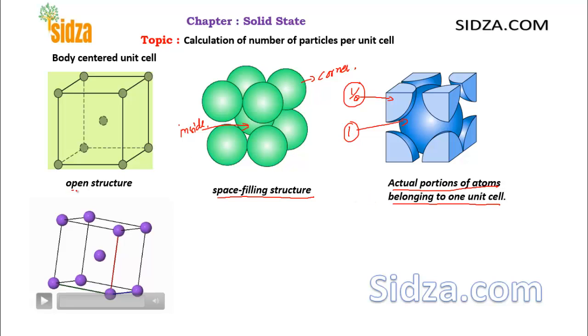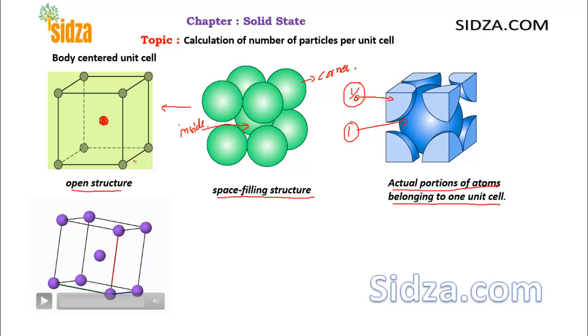And here, this is an open structure. This open structure, we got it from the space filling structure. And here we can see all the 8 atoms at the corners, and 1 atom present inside the unit cell as well.